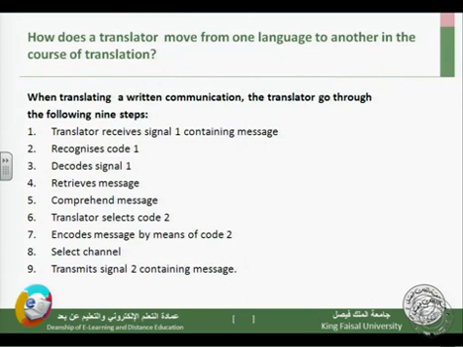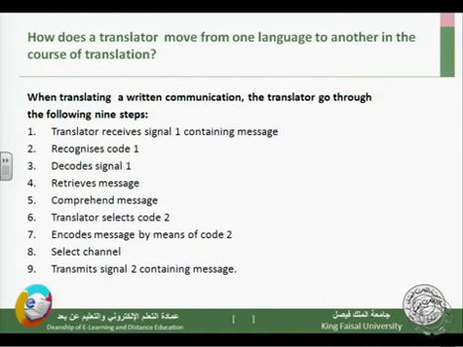The first five steps are done or followed by any normal communicator. Now the last 4, 6, 7, 8, 9 makes the translator different from the normal communicator. What the translator does, he selects code 2. In other words, he selects the code of the language number 2.